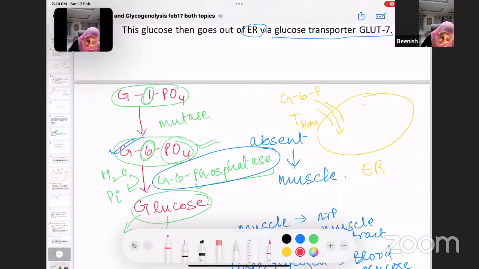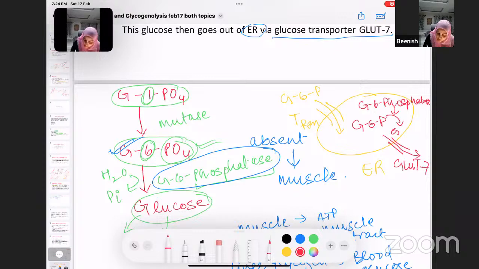And here in the endoplasmic reticulum, you have the glucose 6 phosphatase enzyme. So this glucose 6 phosphate will change into glucose by the action of this enzyme. And then this glucose via GLUT7 will move out from the endoplasmic reticulum.